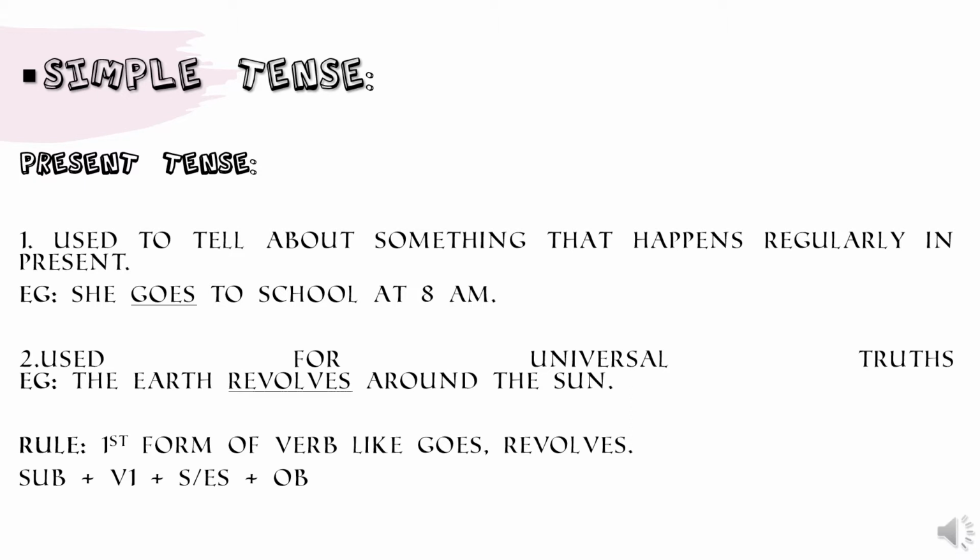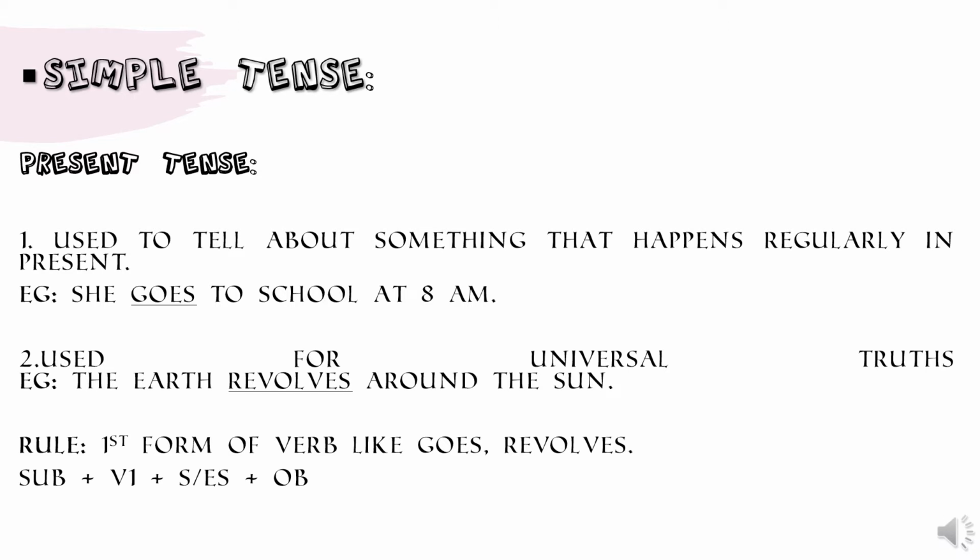now we start the simple present tense. What is simple present tense? It is used to tell about something that happens regularly in the present, habitual actions and universal truths.